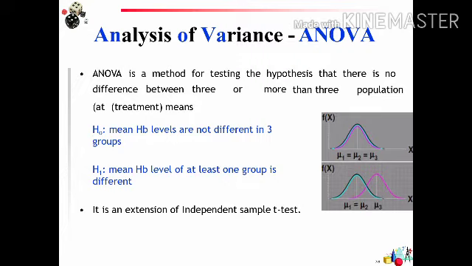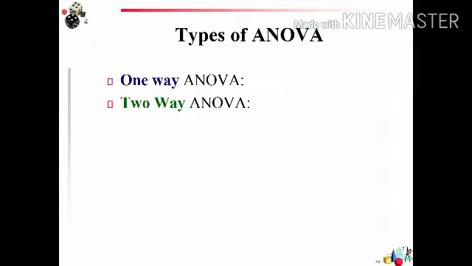For example, we compare the HB levels. The H naught is that the mean HB level is not different in the 3 groups, and the alternative hypothesis H1 is that the mean HB level of at least one group is different. This is an extension of the independent sample t-test.